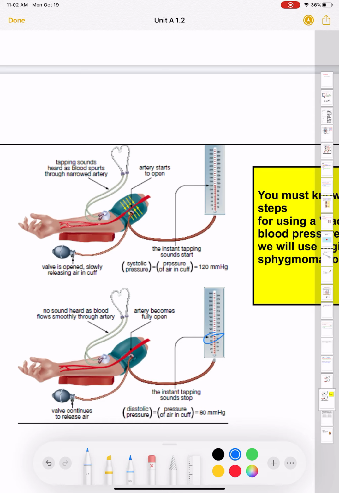So you cut off the circulation, write down the number, then you lower the pressure until you have full circulation again, and then you write that number. It says the instant the tapping sound stops. So yeah, that's when the artery is fully open.